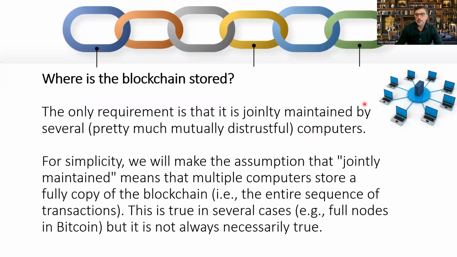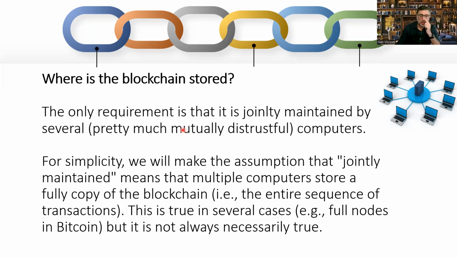So now the first question is, where is the blockchain stored? In general, the only requirement is that it is jointly maintained by several computers. It doesn't really mean that the blockchain is everywhere. Maybe every computer can store a piece. What is important is that these computers are usually mutually distrustful, which means that they do not belong to the same organization.